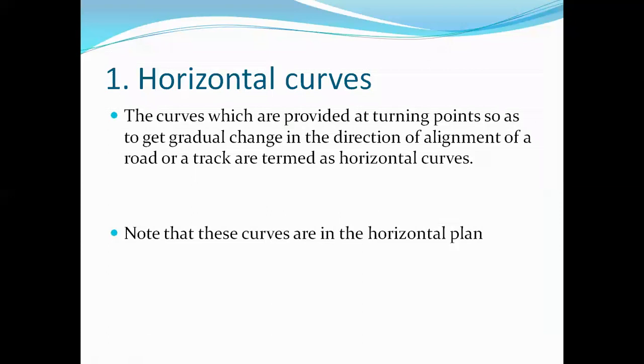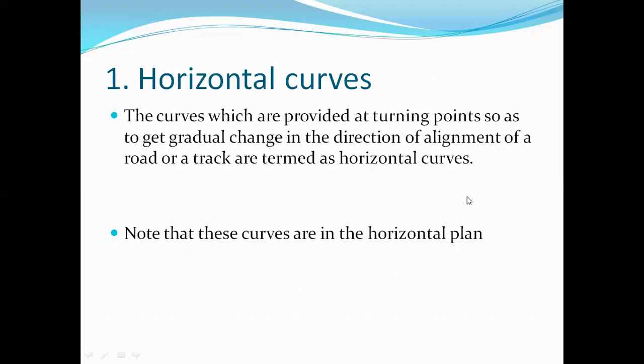Now see, first type of curve is horizontal curve. What is the definition of horizontal curve? The curve which is provided at turning points so as to get a gradual change in direction of alignment of a road or a track is termed as a horizontal curve.